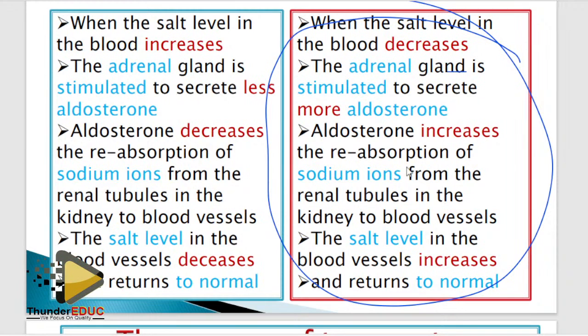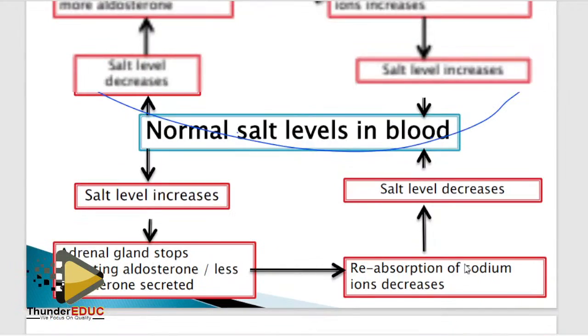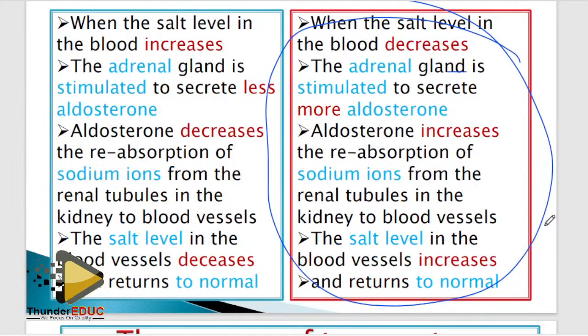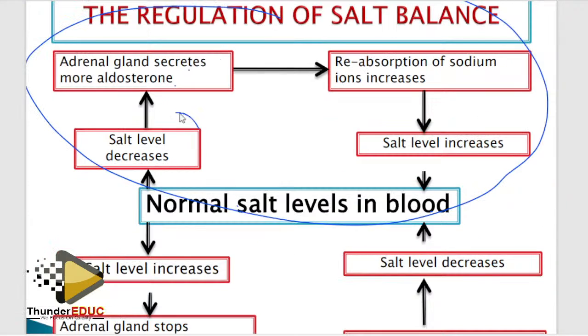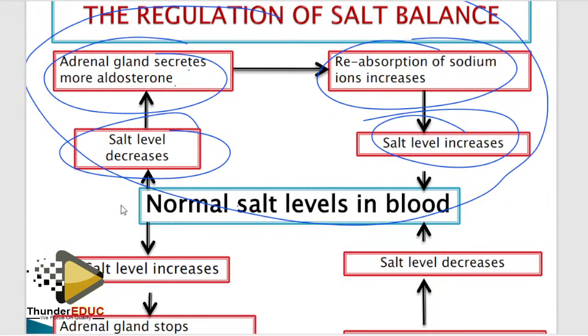Aldosterone increases the absorption of sodium ions from the renal tubule in the kidney into the blood vessel, and then the salt in the blood increases and returns back to normal. So this is what they want, but not exactly word for word. As long as you wrote in your own English and talked about these key points, then the rest is correct.